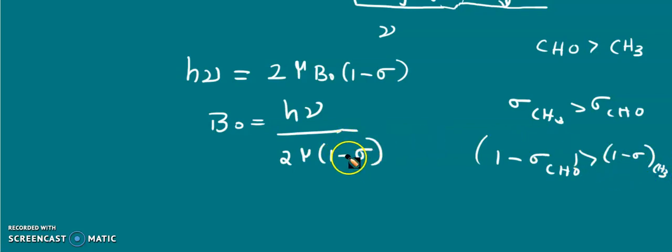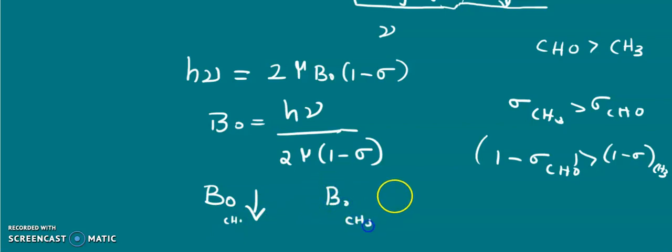Since this is greater for the CHO group, the magnetic field at which resonance takes place is very small compared to the CH3 group. So B0 for the CHO group is smaller, and B0 for the CH3 group is higher.